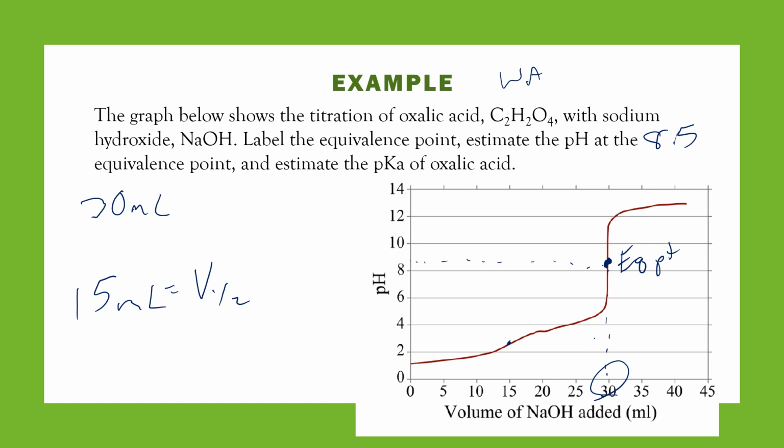So right here, it's maybe about 2.5, 3. Because it does say estimate, you won't be docked if you're off a little bit. They always give a range of values for estimation. But I would say maybe 2.5 or 3 for that pKa.